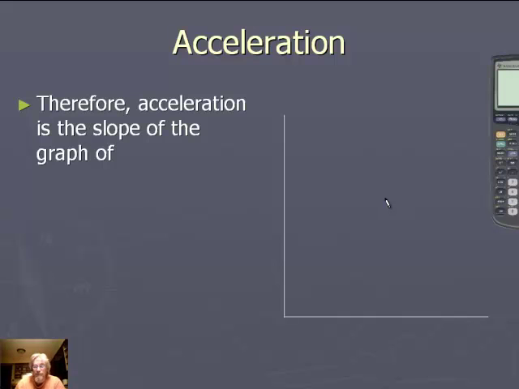Well, if acceleration is defined as the rate of change of speed with respect to time, then we would be graphing speed or velocity versus time. So the slope here, that's acceleration. Change in velocity with respect to time.